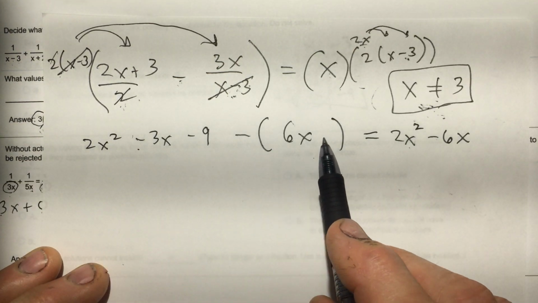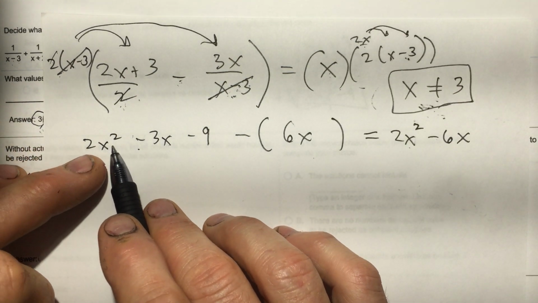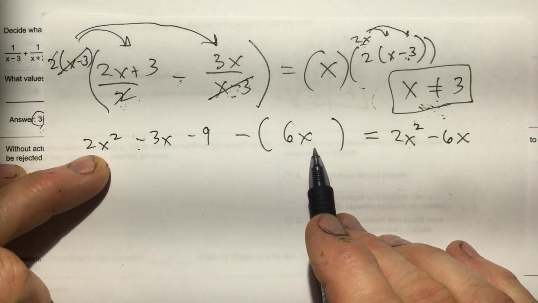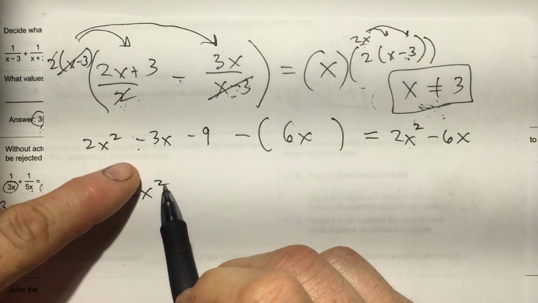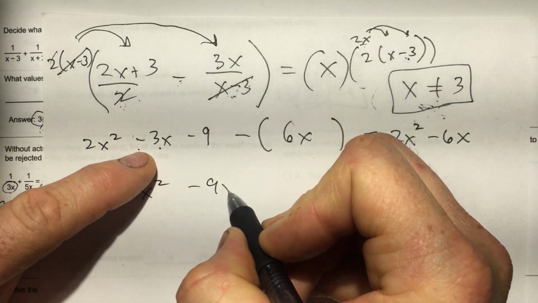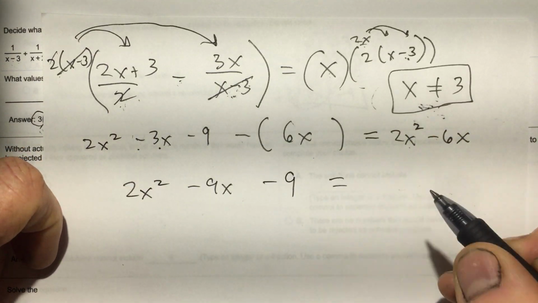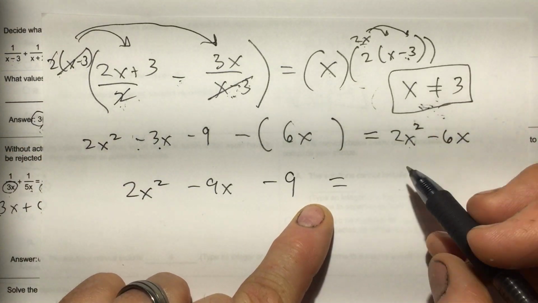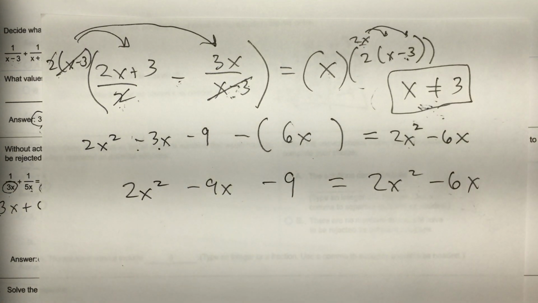So on this side right here, I usually start with the highest powers. So the x squared term, there are none but that one. So I got a 2x squared here. And then I've got a negative 3x minus 6x, that's a negative 9x. And then I got this negative 9. So there's all my like terms combined there. Over here, these are not like terms, so just leave it like that.